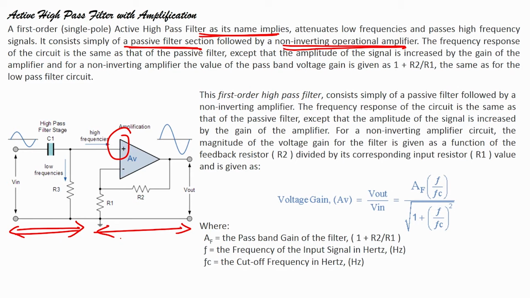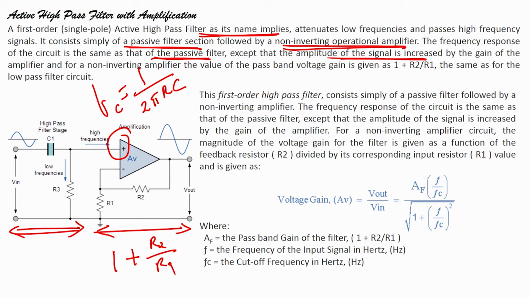The frequency response of the circuit is the same as the passive filter, and the formula would be fc equals 1 upon 2 pi RC, right, except that the amplitude of the signal is increased by the gain of the amplifier. Why? Because here we have a non inverting amplifier, so my DC gain would be nothing but 1 plus R2 by R1, right.